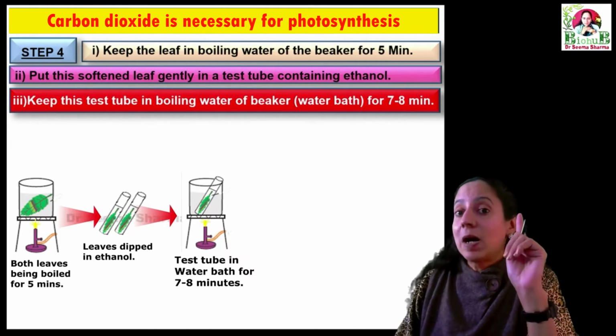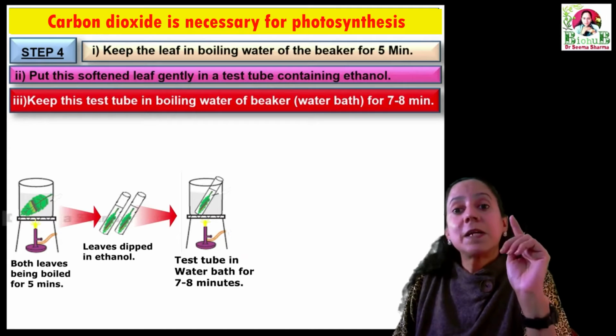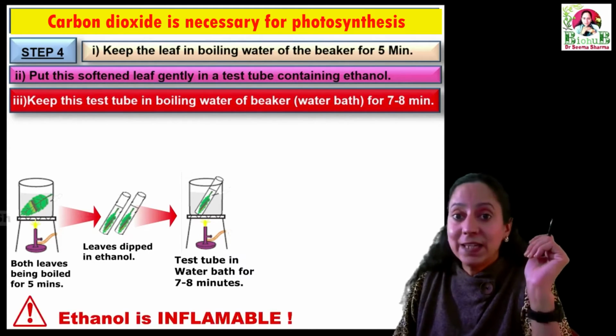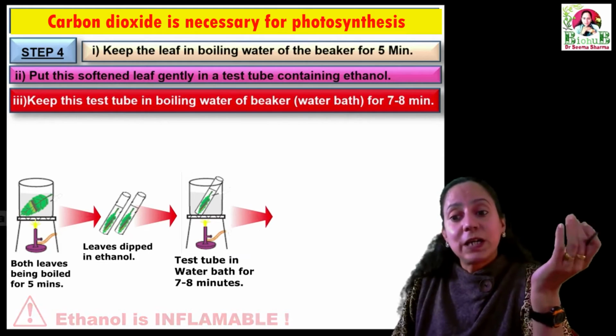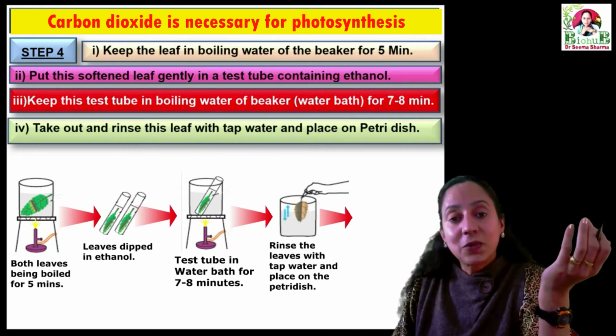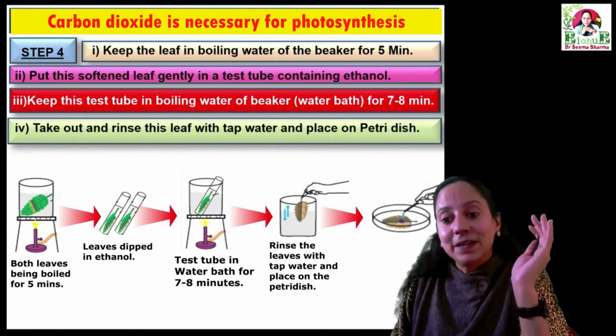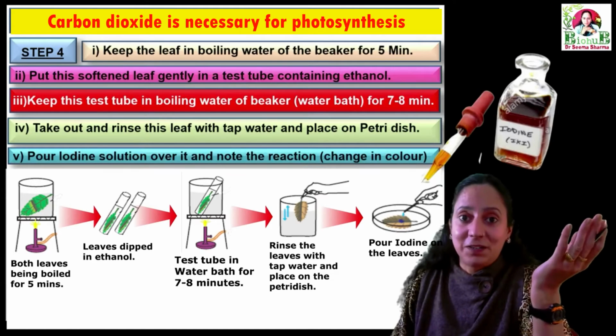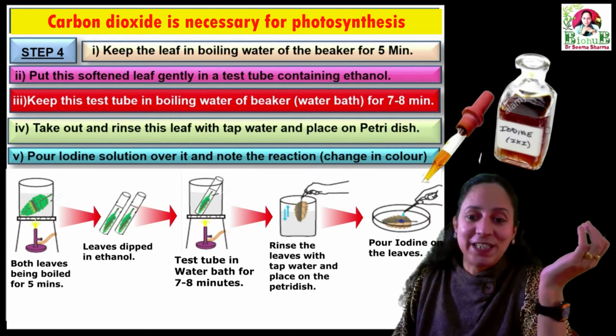And here you have to remember that this step should be carried out very carefully because ethanol can catch fire very easily. Next, we have to take out and rinse these leaves with tap water and we have to place these on petri dishes. Then, iodine will be poured on these and we have to note the reaction. That is, we have to note the change in color.